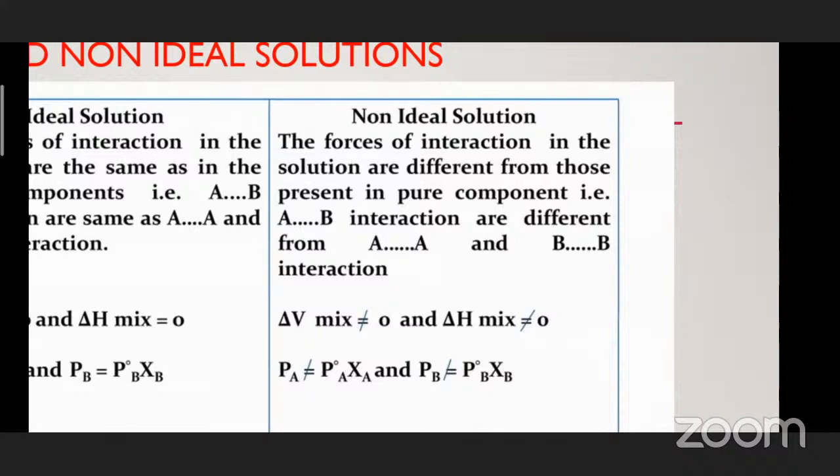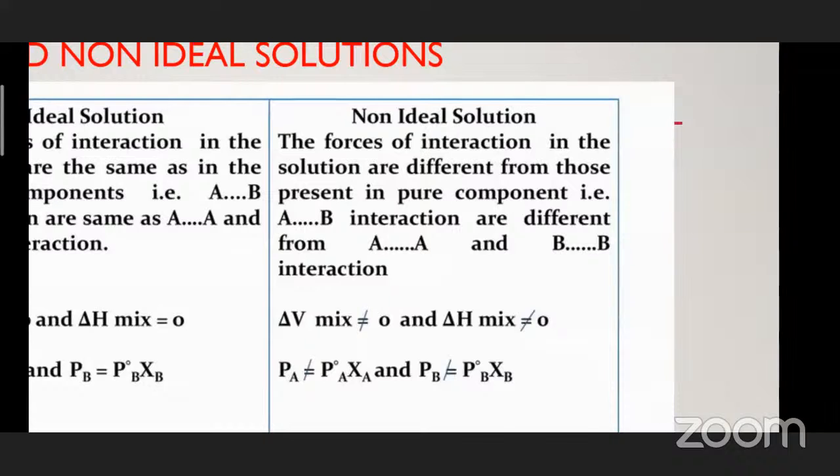These A and B interactions can be more than AA or more than BB, or they can also be less. If the interactions are more, what happens? The molecules will tend to be in the solution form itself.